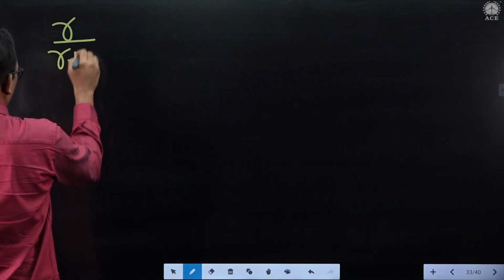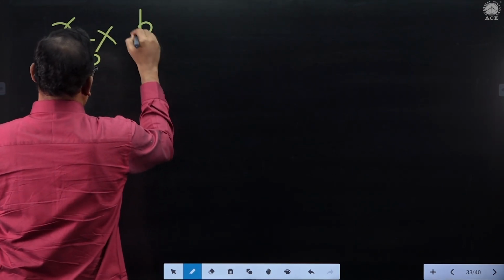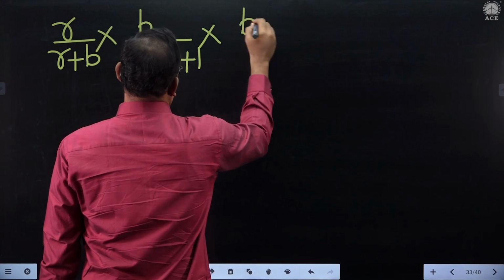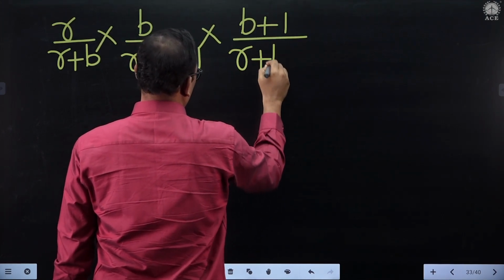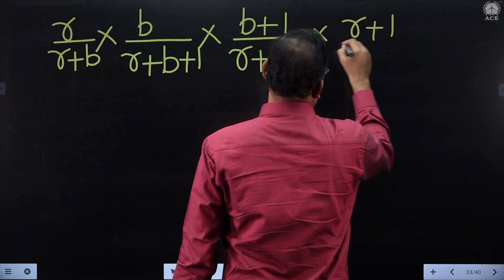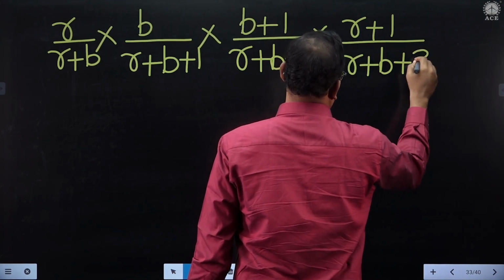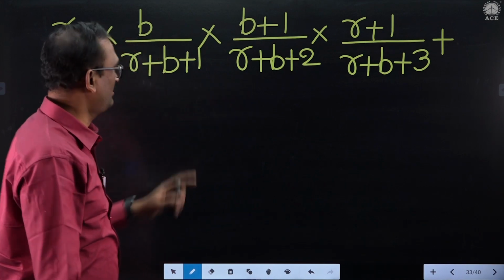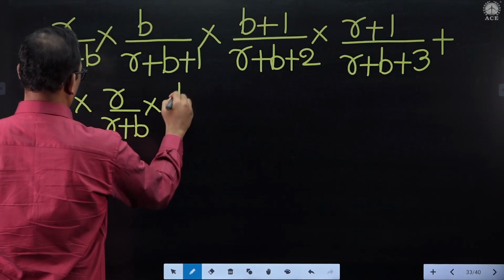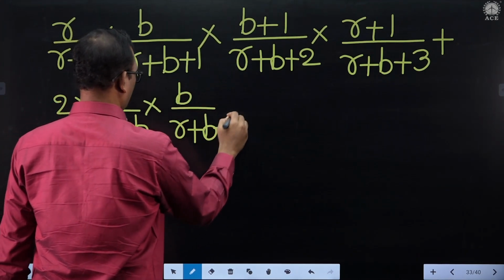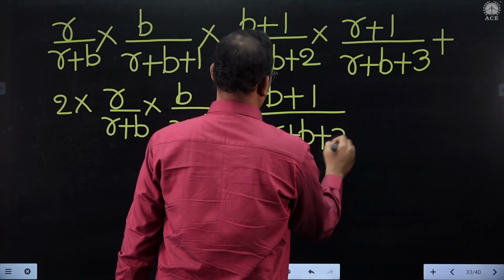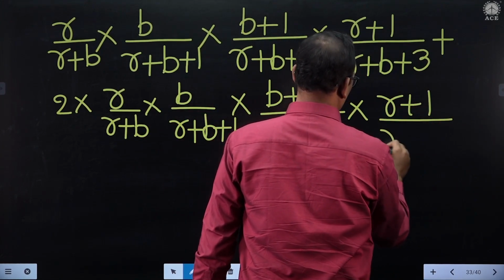R by R plus B, B by R plus B plus 1, B plus 1 by R plus B plus 2, R plus 1 by R plus B plus 3, plus 2 times of the same bracket, that is 2 into R by R plus B, B by R plus B plus 1, B plus 1 by R plus B plus 2, R plus 1 by R plus B plus 3.